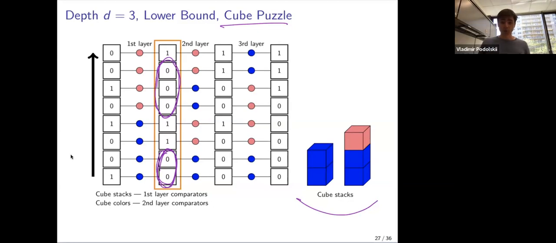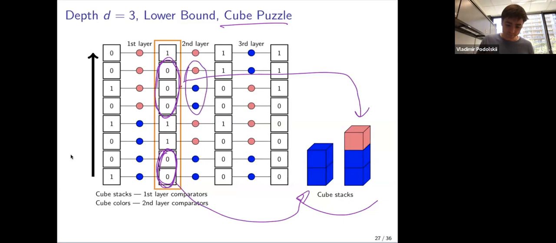Stacks are the outputs of the comparators of the first layer. You can see them: this is the stack of this one, and this is this one. Where can I see the colors? I can see them on the right. These are the colors, and you can see that it corresponds to the picture on the right.